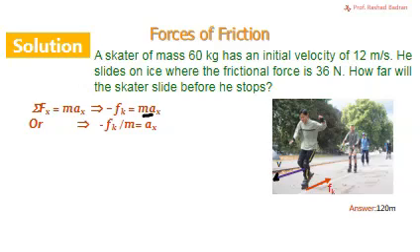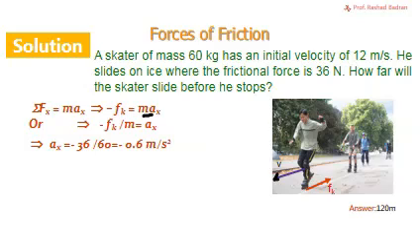The only force that acts along the x-axis is the kinetic force of friction, and it has a negative sign because it's opposite to the motion. Then we put in the numbers from the problem: 36 newtons for the force of kinetic friction divided by the mass 60. We get minus 0.6 meters per second squared.